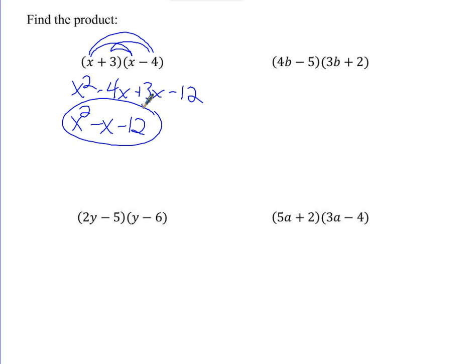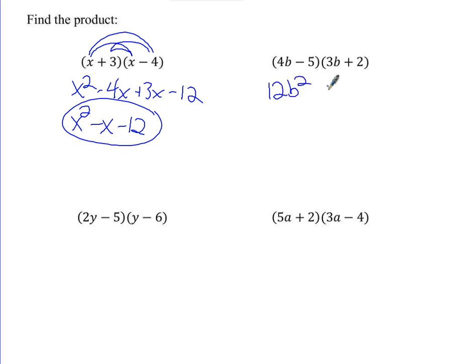Okay, this is probably the last time you'll see me draw these things up here, except for one more problem a little bit later on. How about this one? So 12b squared.